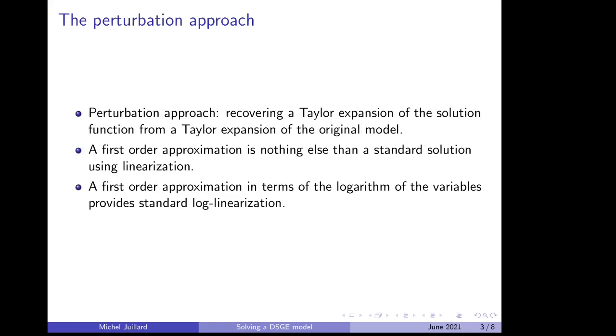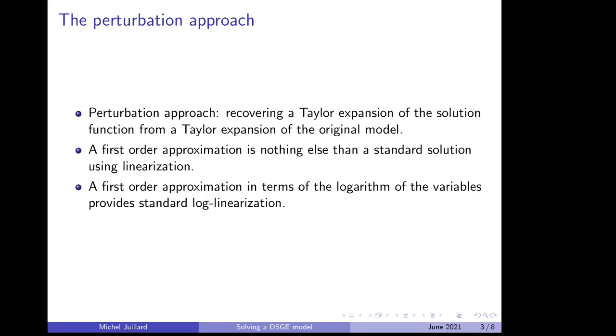The perturbation approach is the following. If we cannot know the function, we would like to recover a Taylor expansion of the solution function from a Taylor expansion of the original model.